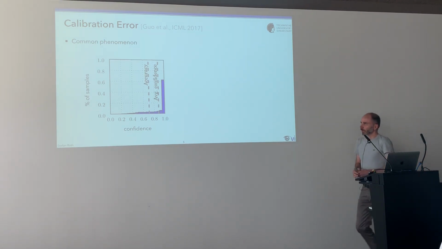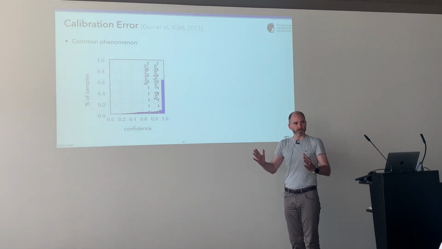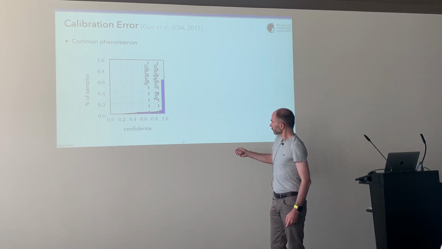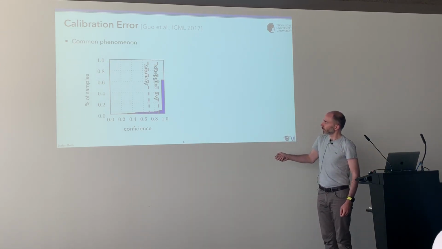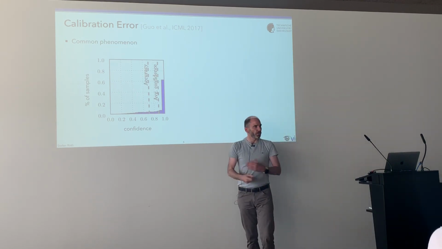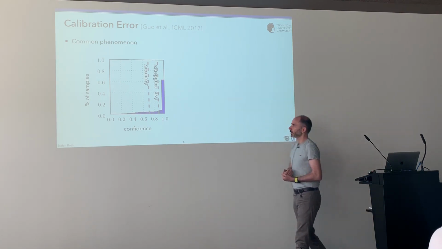And one of the things that they found is if you look at the entire data set and you graph how confident the network is in each of the predictions on all of the data items, you find that large amounts of the confidence are concentrated at 1. Okay? So the average confidence is something like 0.9, whereas the accuracy on that particular data set is only 0.7-ish. Okay? And you would kind of hope that these two agree, otherwise your confidence is somehow not a good predictor of how much you can actually believe in your prediction.